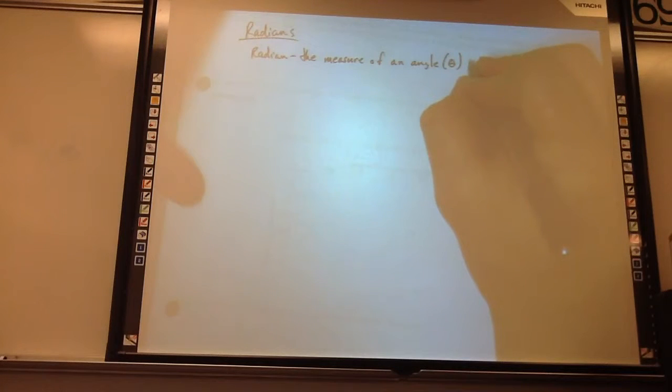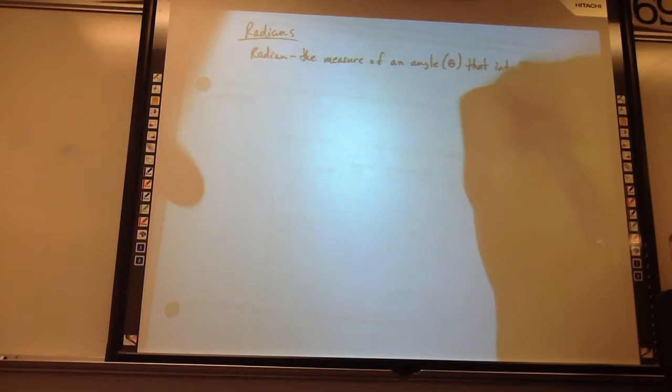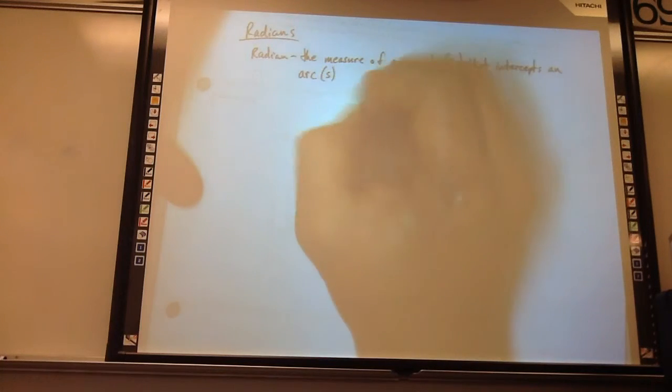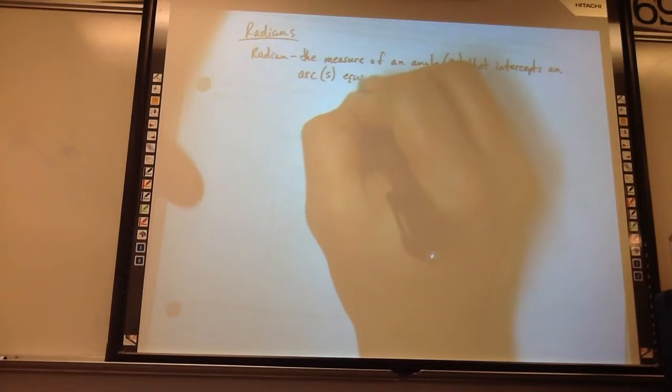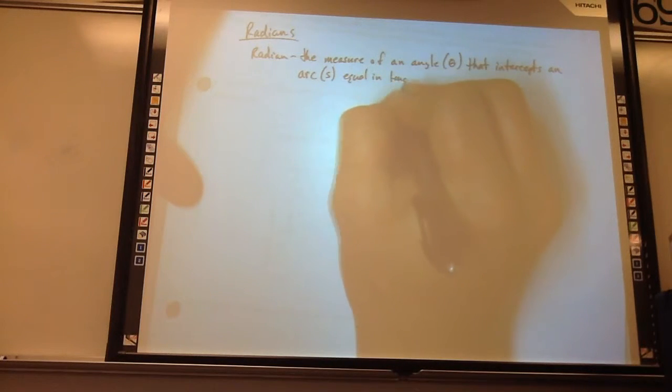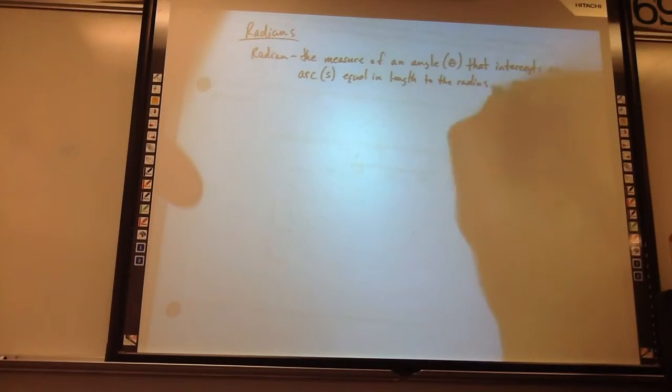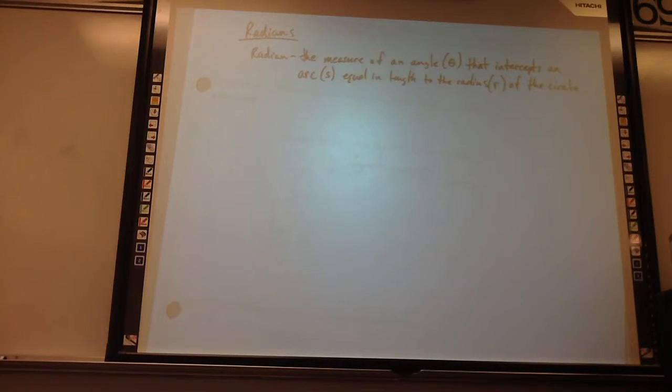It's the measure of an angle that intercepts an arc, S, equal in length to the radius. Now this is very confusing. I should write it down and then I'll explain what it means.